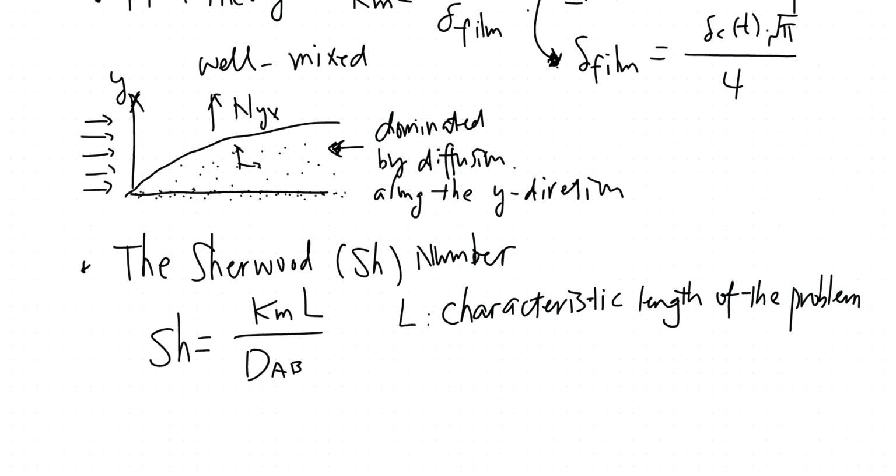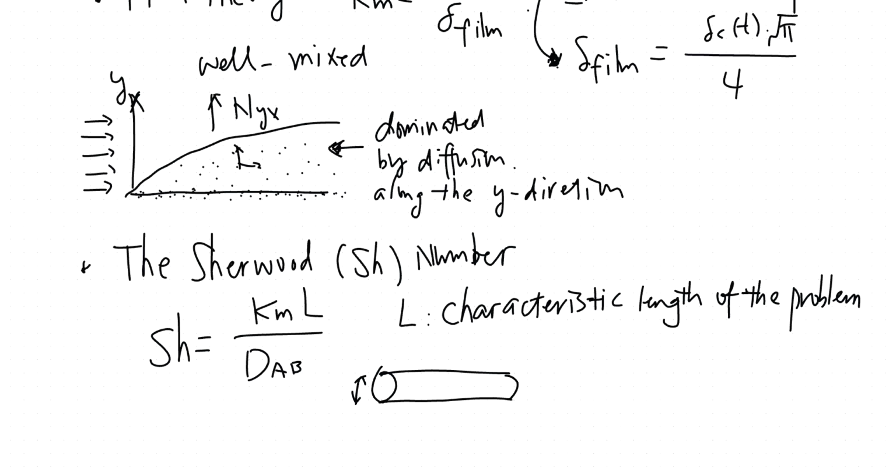So what does characteristic length mean? For example, if you have a pipe, the characteristic length is the diameter of the cross-sectional area.